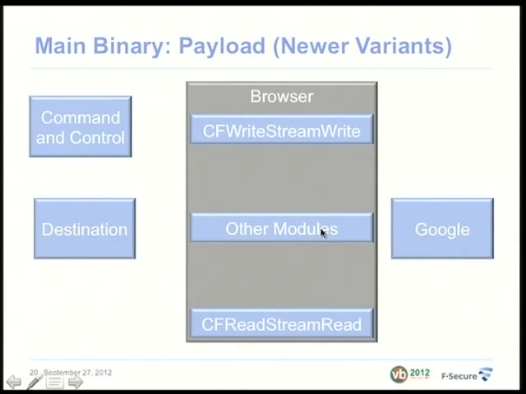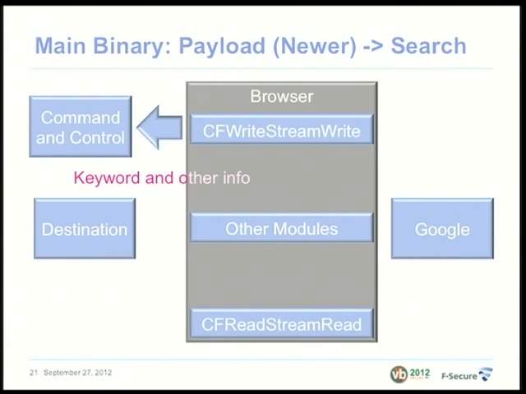So in newer variants, Flashback hooks the CFWriteStreamWrite and the CFReadStreamRead APIs to catch Google search requests and Google result clicks. So when a user performs a Google search, the CFWriteStreamWrite hook will send the search keyword to the command and control server together with other system information.